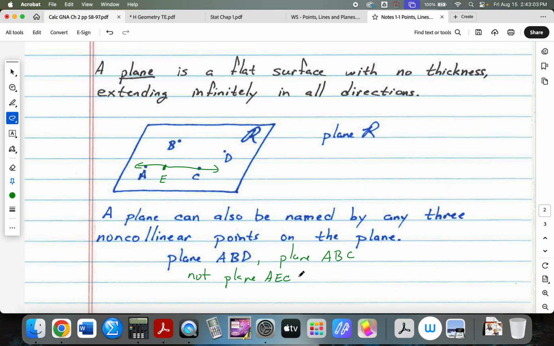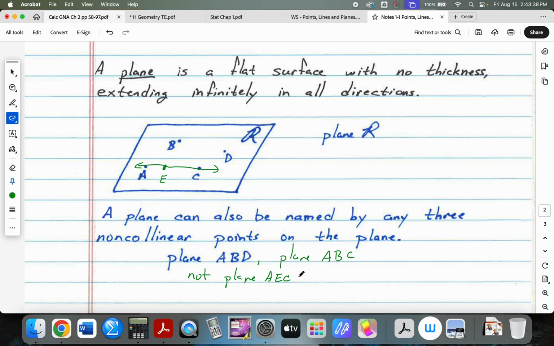Okay. This green plane that I'm holding, does it go through A, E, and C also? I'm trying to get it to go through all of them. Does it go through all of those? Yes. If I say A, E, and C, or plane AEC, do you know if I'm talking about the red plane or the green plane? Don't know.